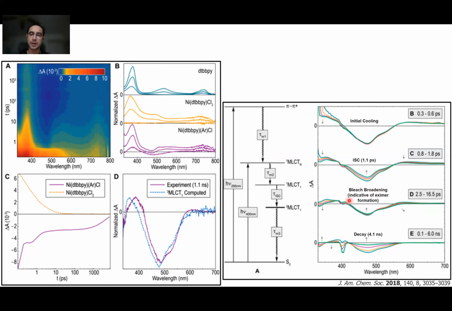But then finally, you have your decay, which happens in the 0.1 to 6 nanosecond range. That would correspond with this transition here, so you're decaying from the triplet excited state back down to the singlet ground state.